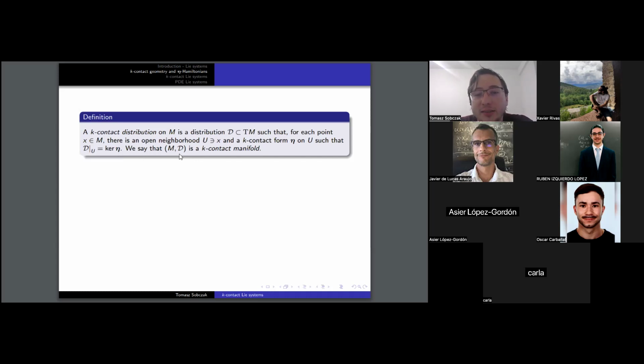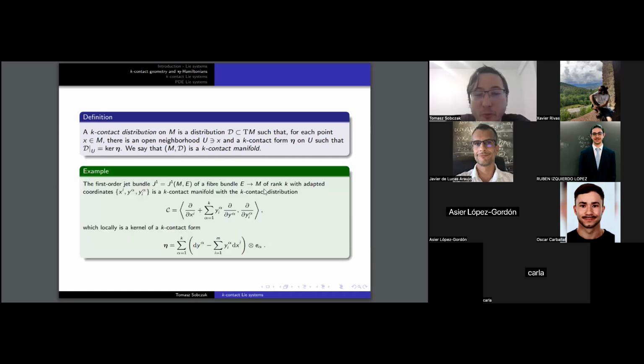And we can say that this pair (M, D) is a k-contact manifold, not co-oriented, because now we don't require our eta to be globally defined. This is also a useful notion, because we don't always have a globally defined eta, but we can still have a k-contact manifold, just without a globally defined k-contact form.